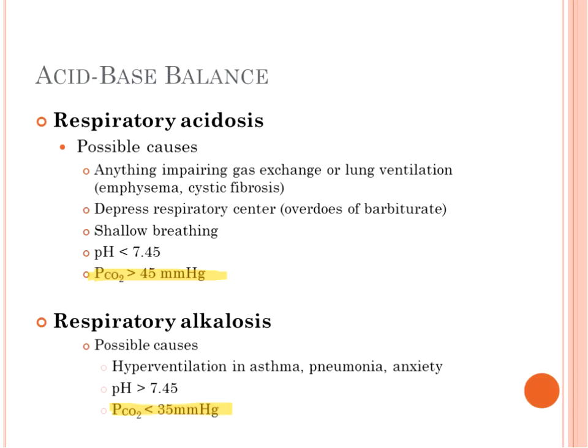Your respiratory centers can be depressed as a result of drug use, such as barbiturates, that will depress your respirations and make them very slow, so that you're not getting rid of as much CO2 as you need to. And shallow breathing. So once again, all of these causes relate to the same thing. You're not blowing off enough CO2.